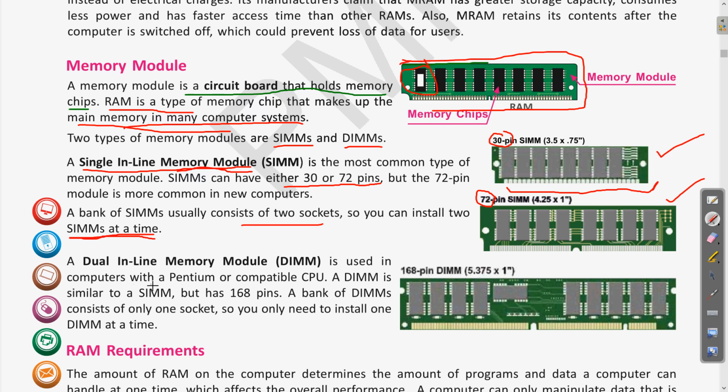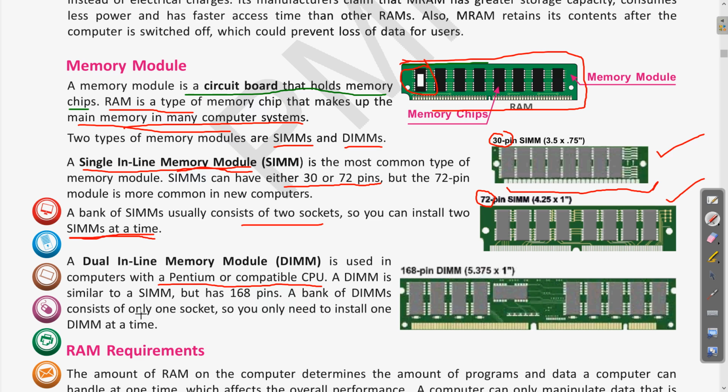It is used in computers with the Pentium or compatible CPU. So earlier we had Pentium series processors, like Pentium 3, Pentium 4. These are the different variations of the CPU. In these Pentium series, the dual inline memory module is used.